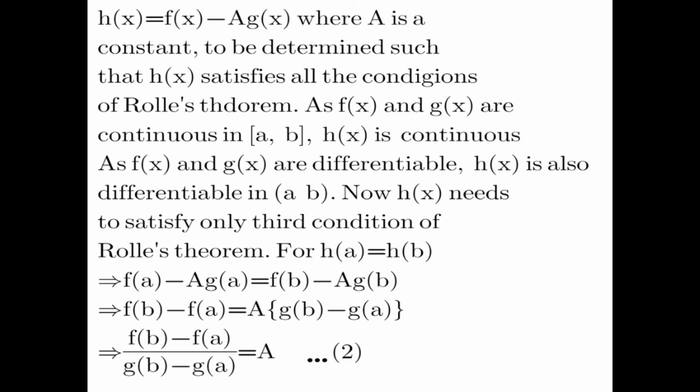So let h(x) be equal to f(x) minus A into g(x), where A is a constant and it is to be determined such that h(x) satisfies all the conditions of Rolle's theorem.